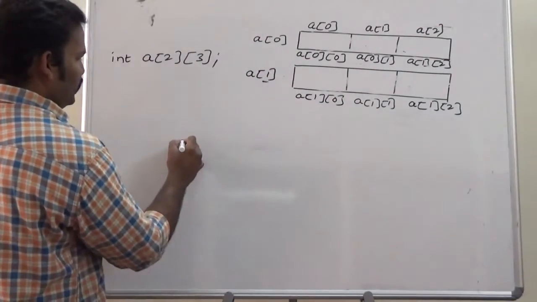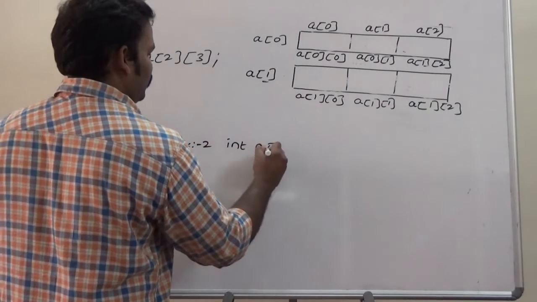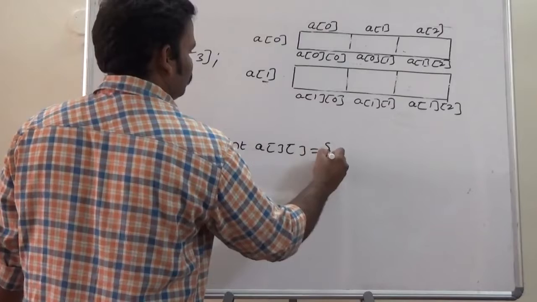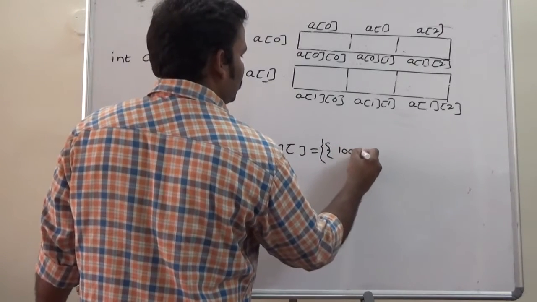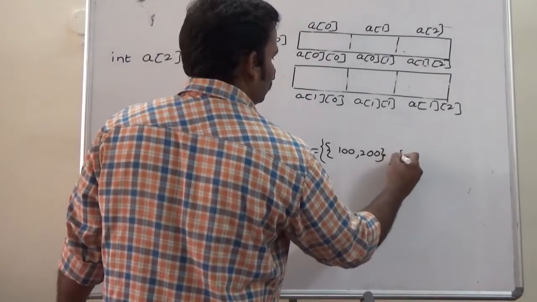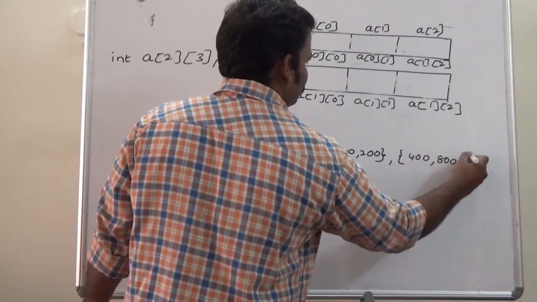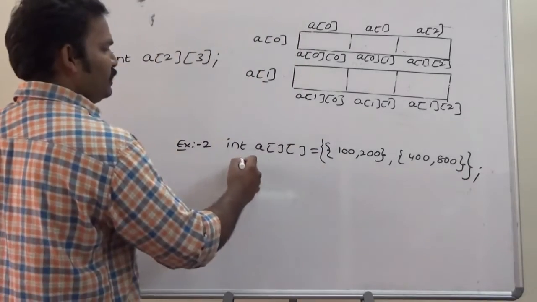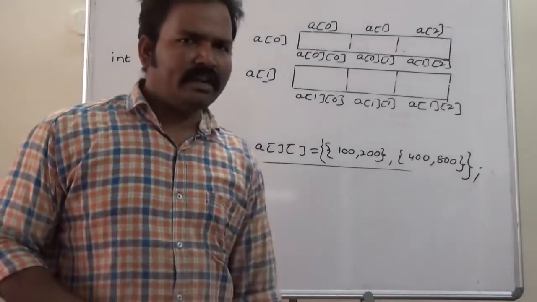Here, in initialization, I will give one more example. Suppose int a, with 100 comma 200, 400 comma 800. Is this a valid statement? Yes, this assignment statement is valid.